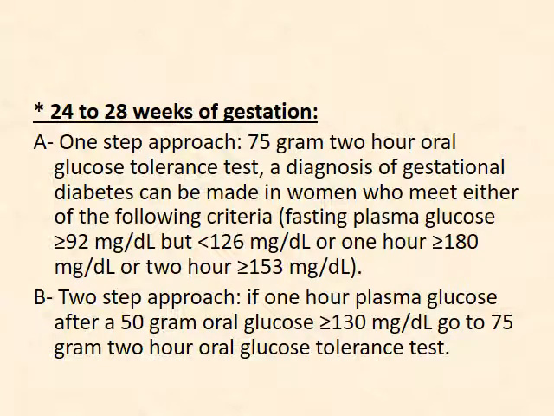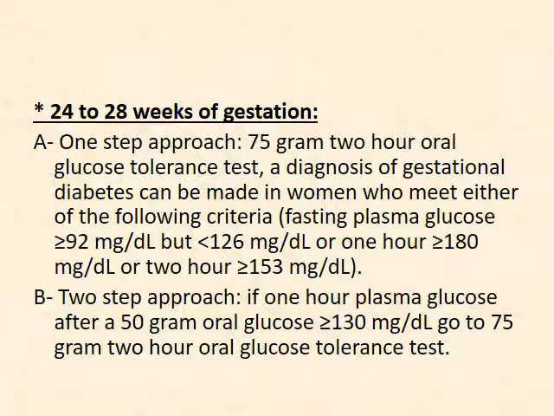At 24 to 28 weeks of gestation, we can do the one-step approach, which is done by giving the pregnant lady 75 grams of glucose. Then we measure blood sugar fasting, 1 hour and 2 hours.